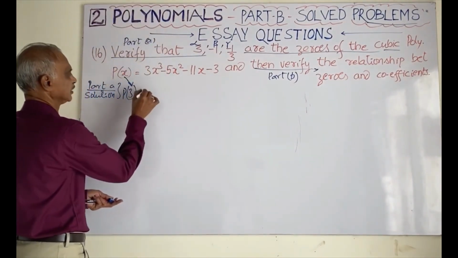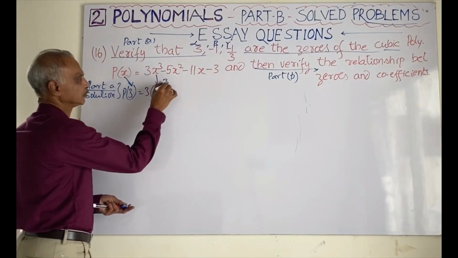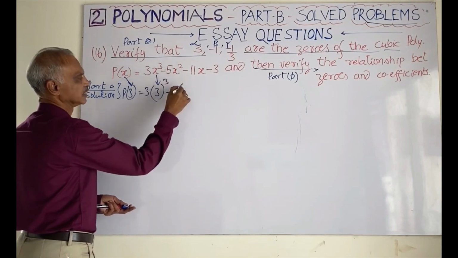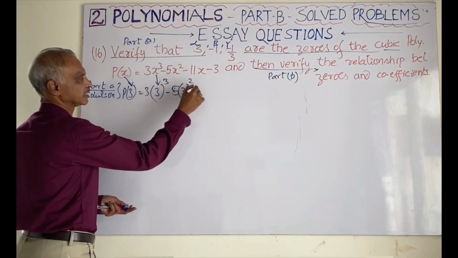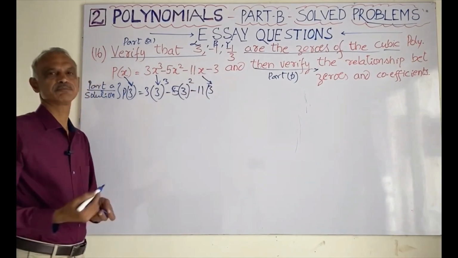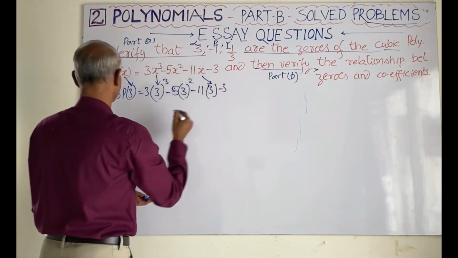Now 3 into, in place of x I am substituting 3, cube minus 5 into 3 square minus 11 into 3 minus 3.